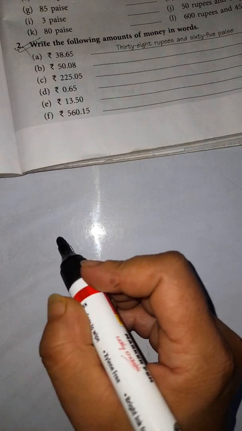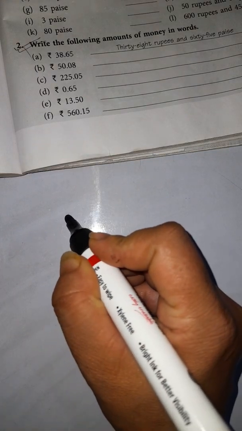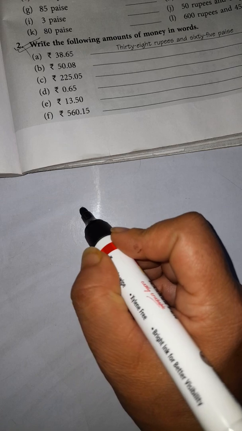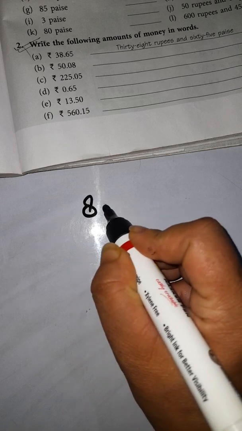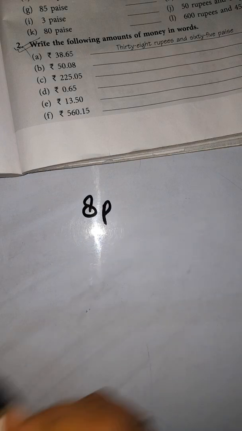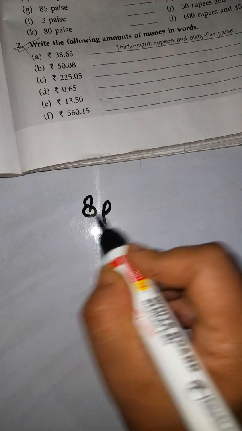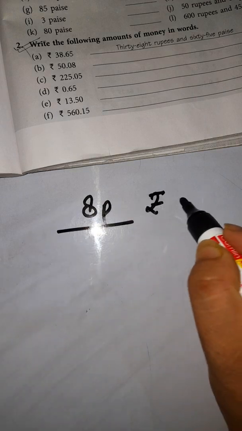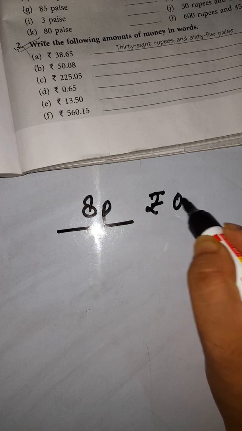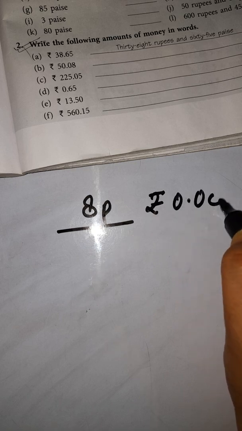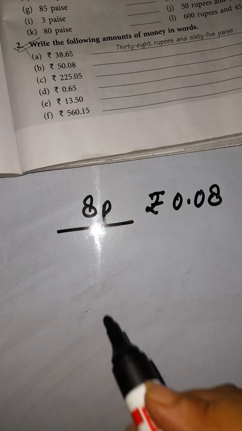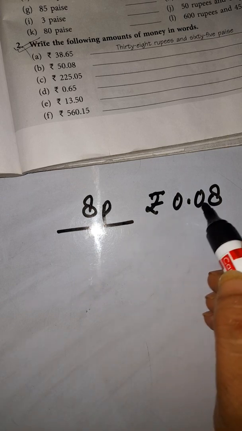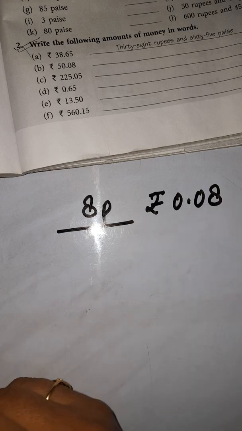Like we have here 8 paise. So we can write 8 paise as 8p or rupees 0.08. This dot you can say and, 0 and 08 paise.